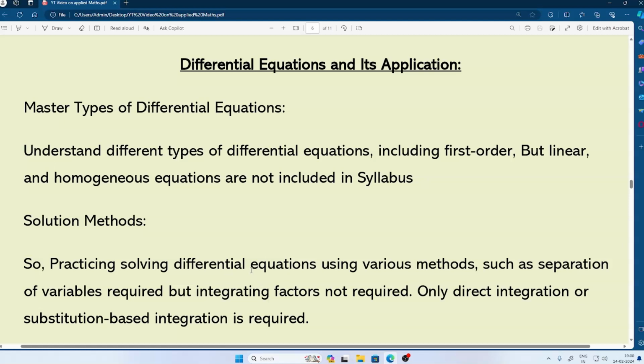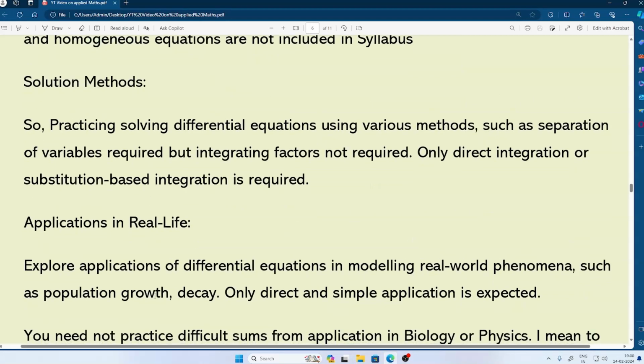Separation of variables in solving differential equations is required, but those will be only direct integration based or substitution based integration. You need not do differential equations where it is first order or homogeneous. Never do it. It is not in the syllabus.